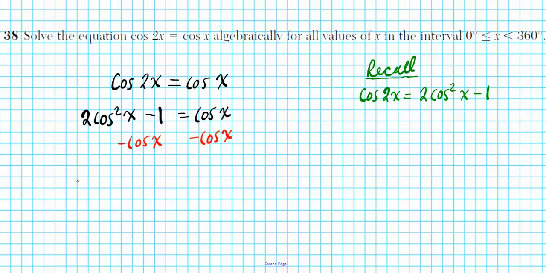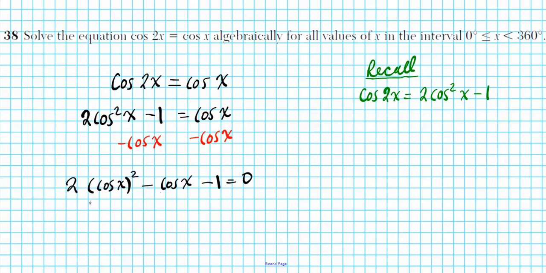So this becomes 2 cosine square. Let's write it in this format so you can really understand what's going on here. So I'm going to write this as 2 cosine x squared minus cosine x minus 1 equals 0. So you see you have a cosine here being squared, and you have a cosine here, minus 1 equals 0.